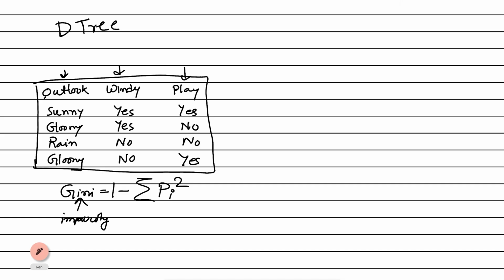So how to calculate this Gini index for outlook? Under outlook, how many cases are there? Sunny, gloomy, rainy. If I take sunny and calculate the Gini for sunny, this will give you 1 minus, now you have two cases, whether you are going to play or not.